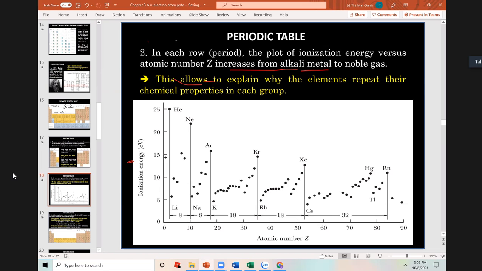You can see that for the first period, the second period, the third period, and the fourth, the ionization energy increases from the first element to the final element, and in the next period the ionization energy increases too. So the second property is the increase of ionization energy.